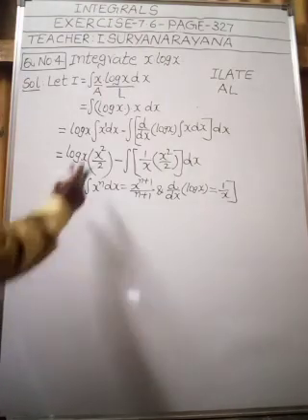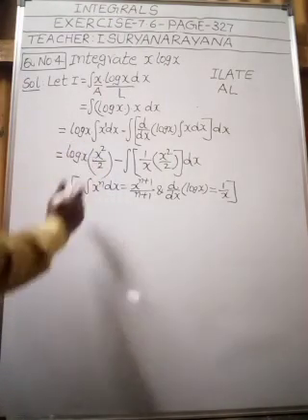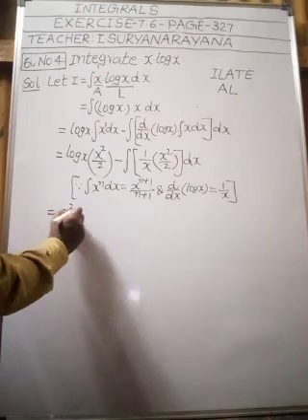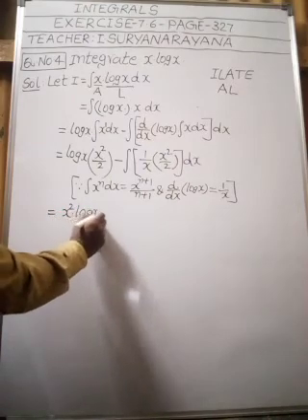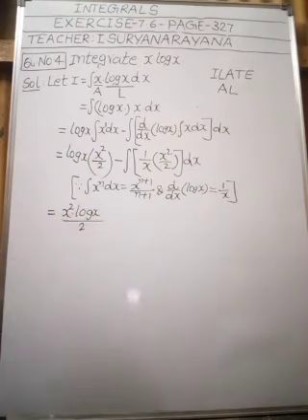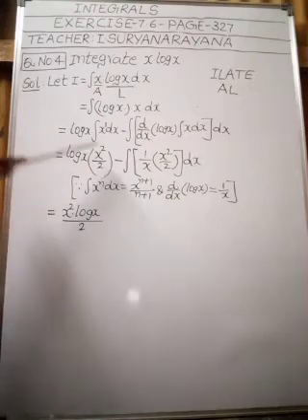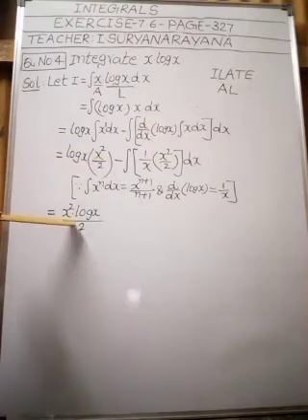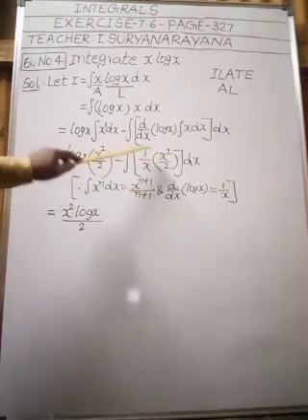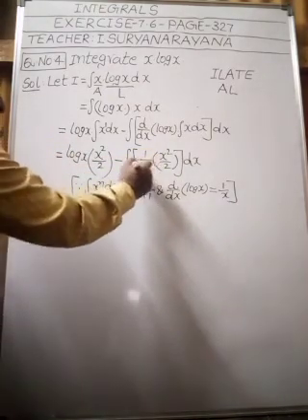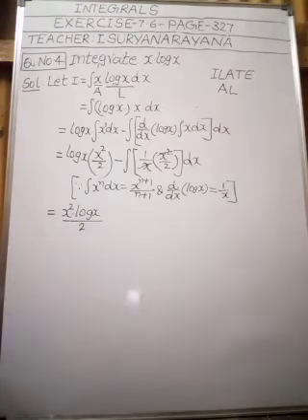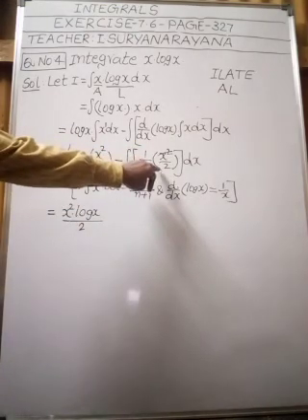Let us simplify this first term. x square into log x by 2. Okay, my children, we get this first step as x square into log x by 2. Now come to this part. Here x gets cancelled. What will you get here? Only x by 2.